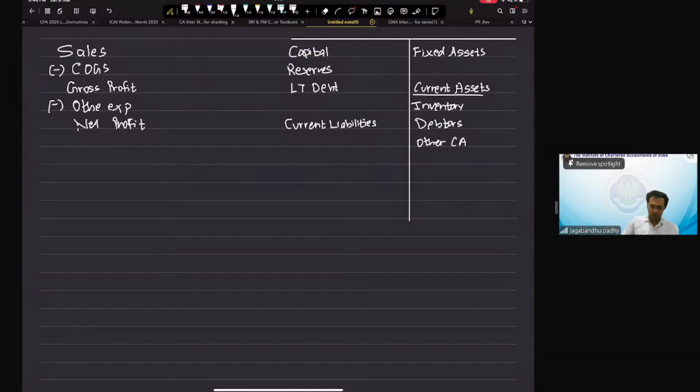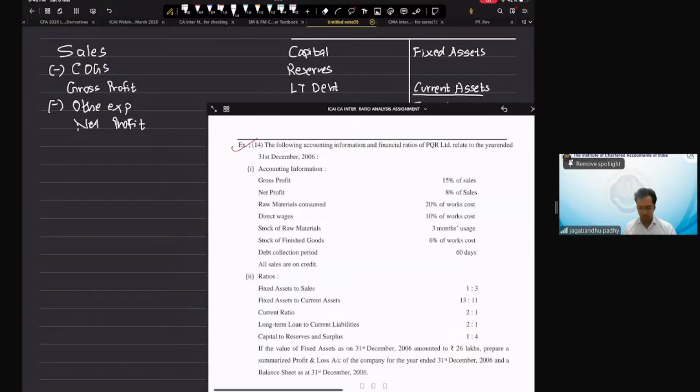Okay. Sales, COGS, gross profit, other expense, net profit, capital reserves. So these are the items that we need to compute. Let's use the ratios one by one.